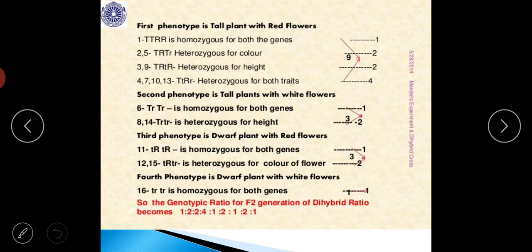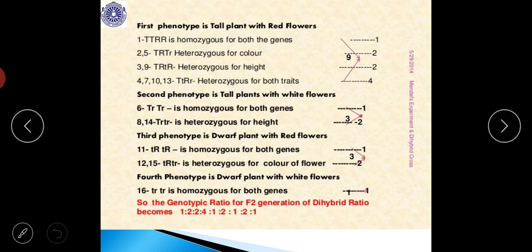And the third type was the third and ninth one, which have the genotype capital T, small t, capital R, capital R, and these are heterozygous for height, and 2 such individuals are produced. And 4, 7, 10 and 13 have the genotype capital T, small t, capital R, small r.